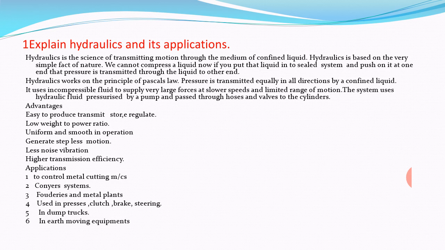It may be used in road construction or the construction industry, then in oceanography, and in the aircraft industry, where we use the hydraulic system. So that is about hydraulics.